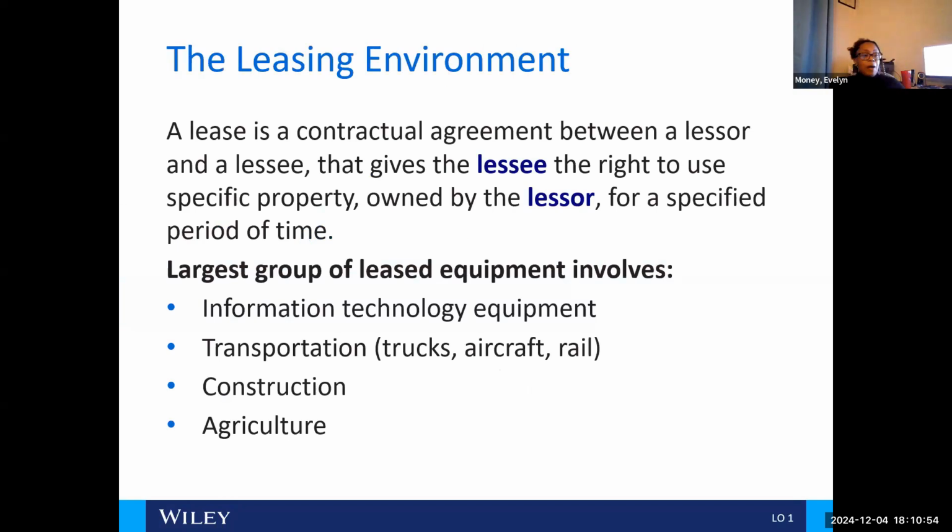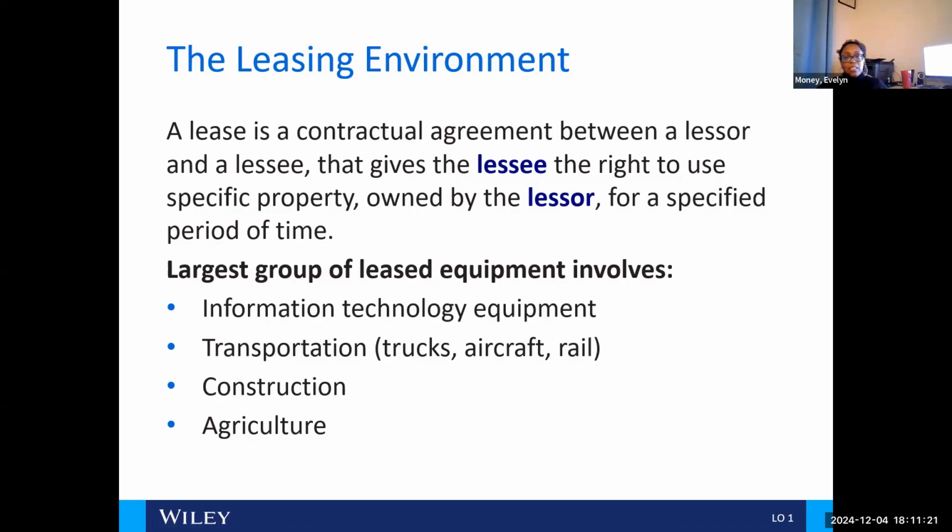All right, so sometimes companies want to purchase big ticket items, or even individuals want to purchase big ticket items, and they may not be able to obtain financing for it at higher interest rates. So sometimes companies will opt to lease things like cars, copiers, computers, airplanes, all of those different items.